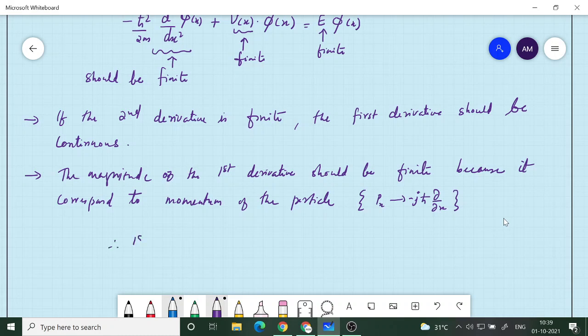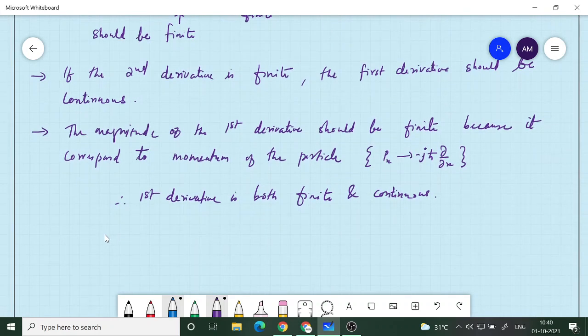Therefore the first derivative is both finite and continuous. If it is finite, then I can say about psi of x, which is the integral of the first derivative.